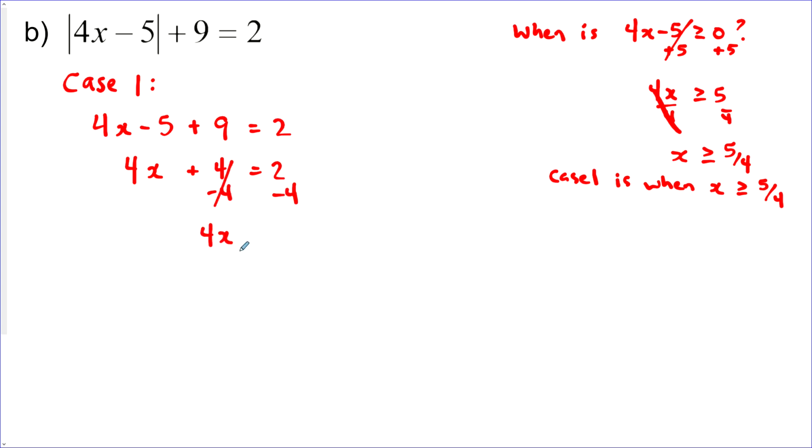And we get 4x equals negative 2, and divide by 4, we get x equals negative 1/2. But case 1 only happens when x is greater than or equal to 5 over 4. So this solution is no good. It's extraneous.